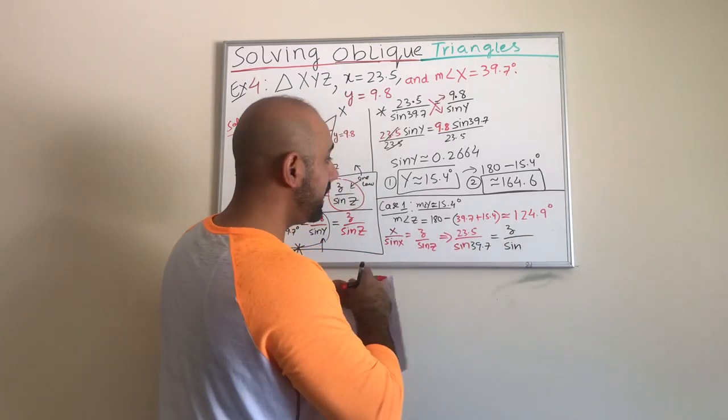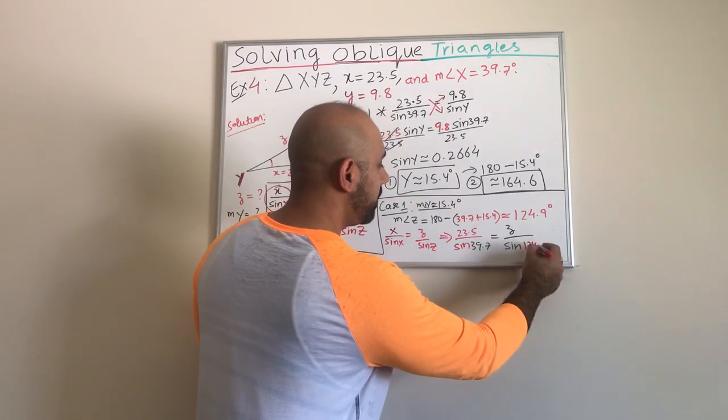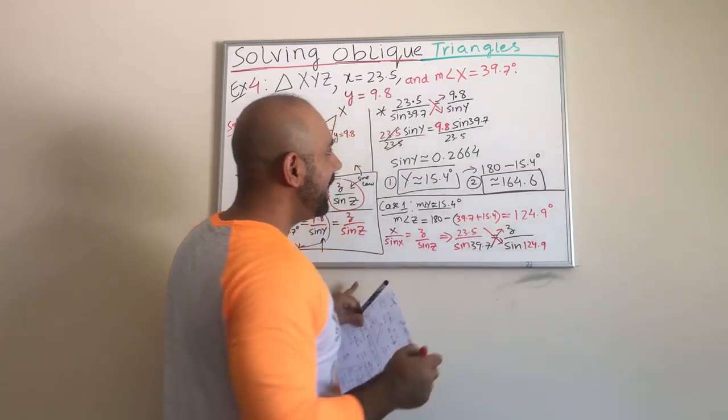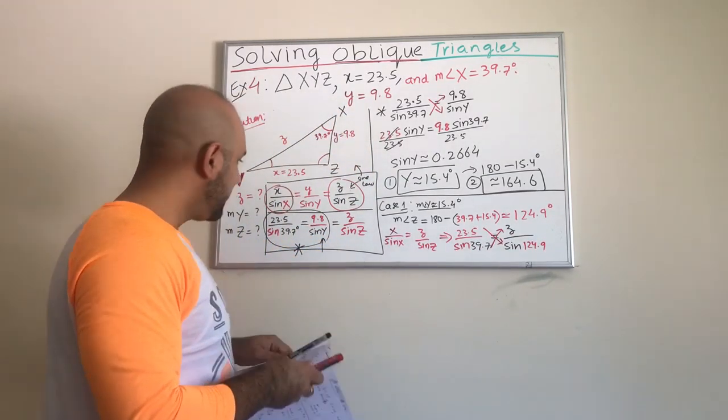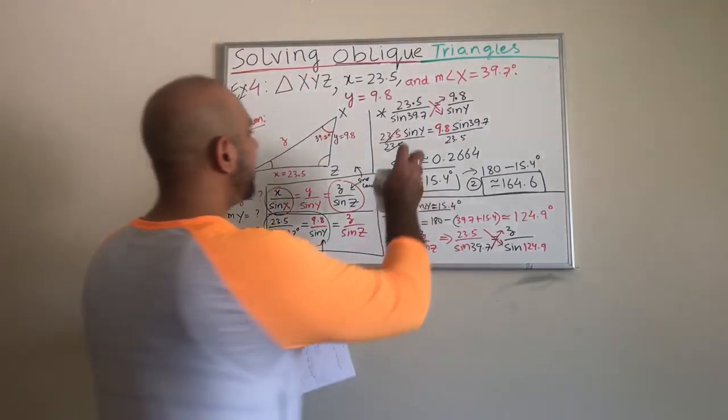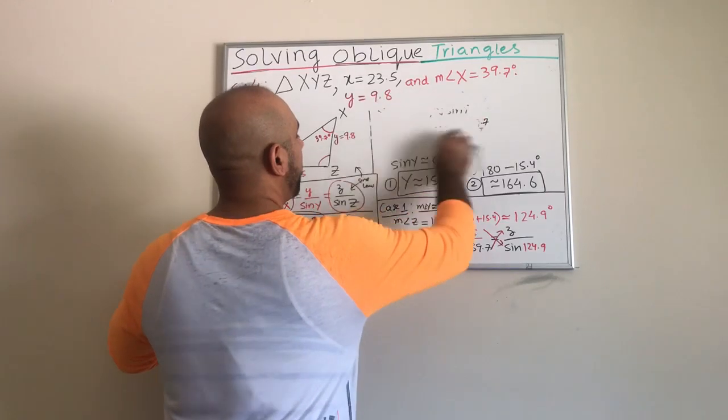Now we have the value for the angle z, which is 124.9. At this step, we have to cross multiply, and I think I can skip that step. I still have to get rid of some of the things here so that we can finish doing this. So I can get rid of this information.